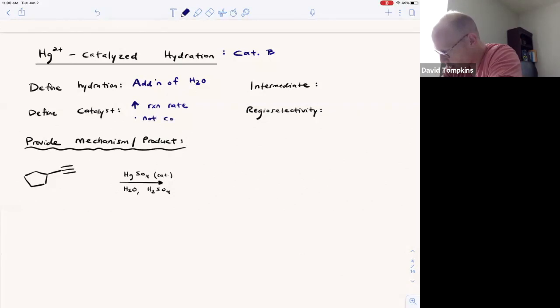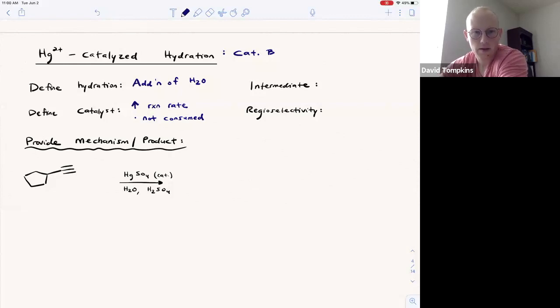The mercury is not consumed. Therefore, you would not have to use the full equivalent of mercury. One mercury ion can catalyze the reaction for multiple alkyne starting materials.